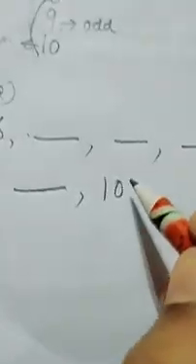Now in the first sum, A part, 1046 is there. After that, 6 blanks are there, and after that 1060 is there.